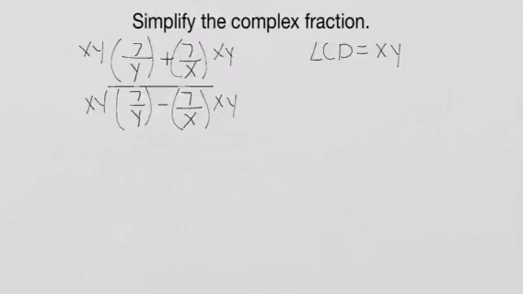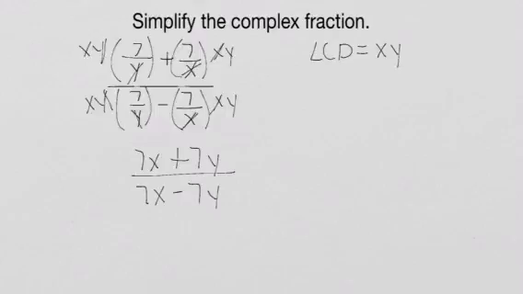Now xy times 7 over y, well the y's cancel, and so we get x times 7, which is 7x. Plus, on the second one, the x's cancel, and so we get 7y. And on the bottom, more y's cancel, so I have again 7x. And then the x's cancel, so minus 7y.